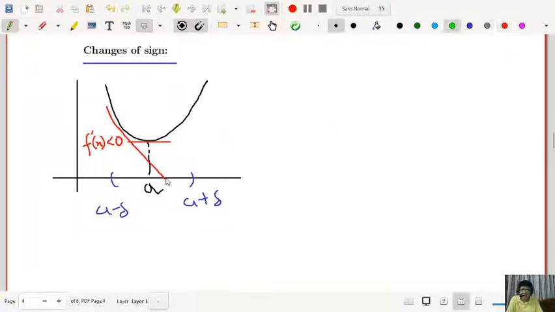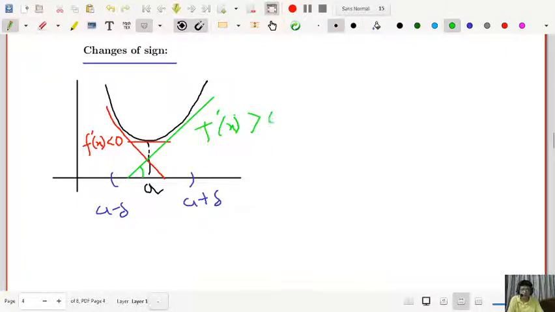And if you take any point in the interval A to A plus delta and draw the tangent, you see the slope of the tangent is positive, that is f'(x) greater than 0, right?